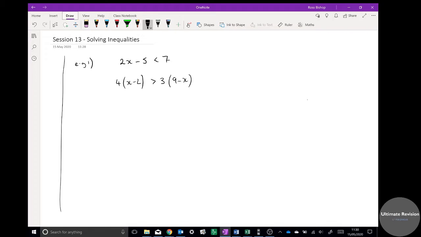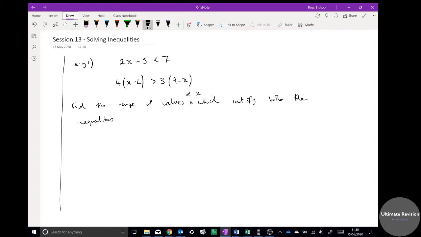Two inequalities, and the question might be: find the range of values of x which satisfy both inequalities.